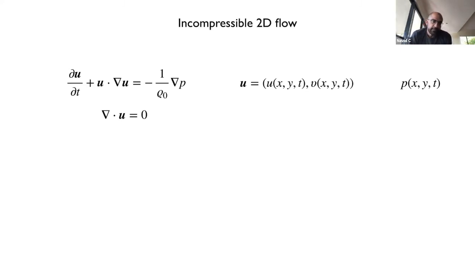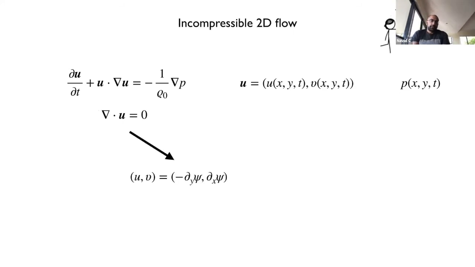If you start with the equations of motion for a two-dimensional flow that is only in x and y and only has two flow components, and we've neglected viscosity here, we have the pressure gradient on the right-hand side and the inertia terms on the left-hand side, and the flow is incompressible, so the divergence of the flow is 0.